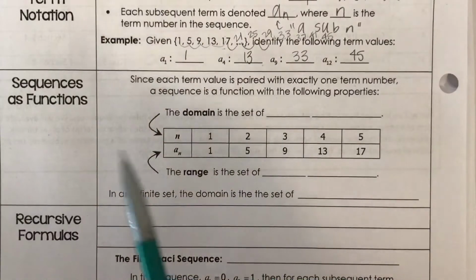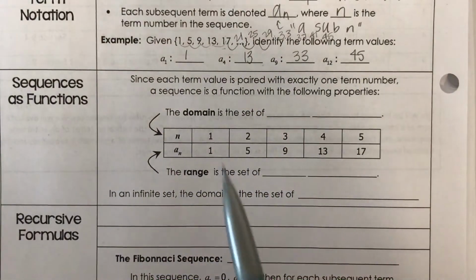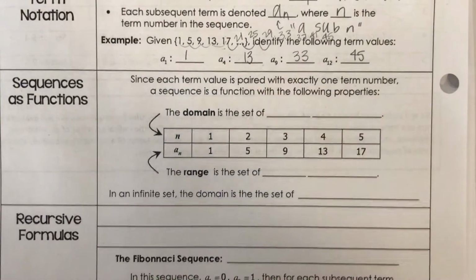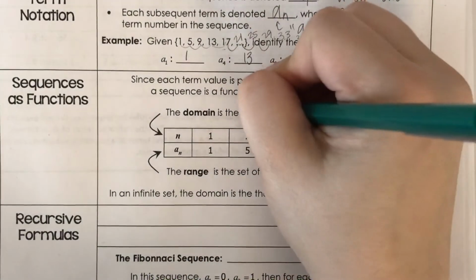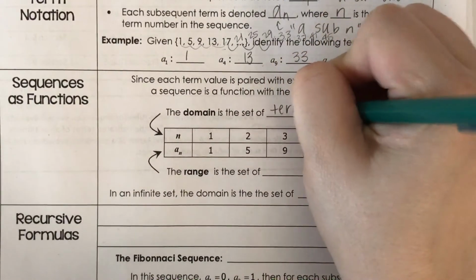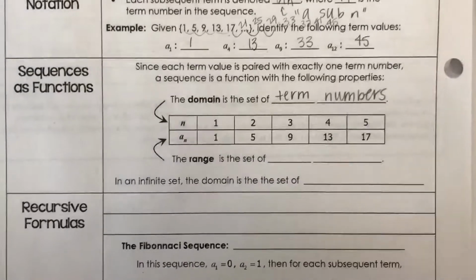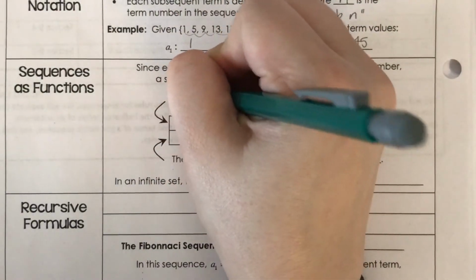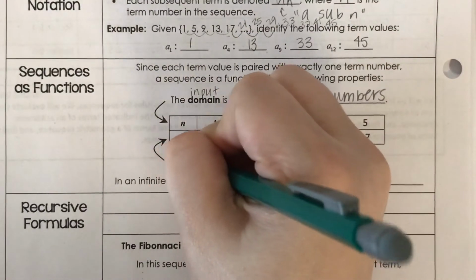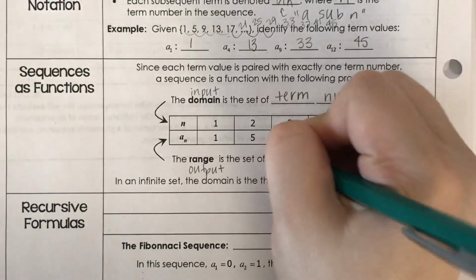Since each term value is paired with exactly one term number, a sequence is a function with the following properties. The domain is the set of term numbers. Domain, input. The range, output, is the set of term values.